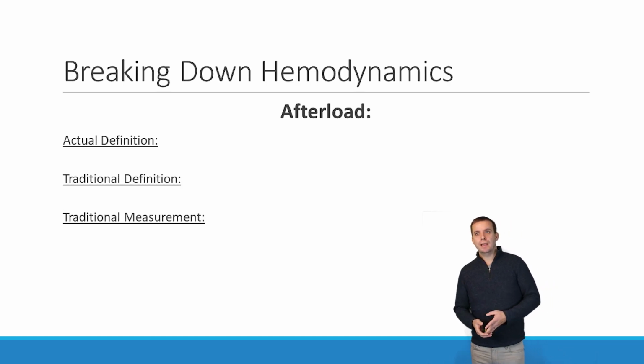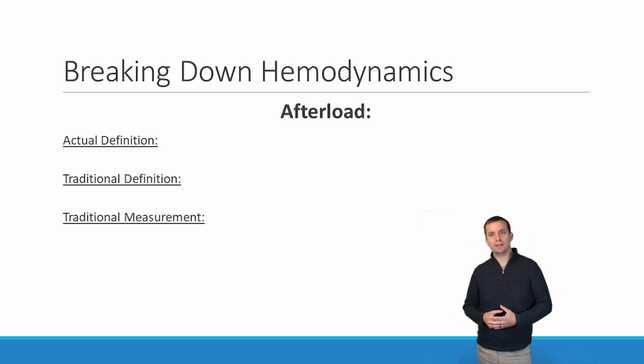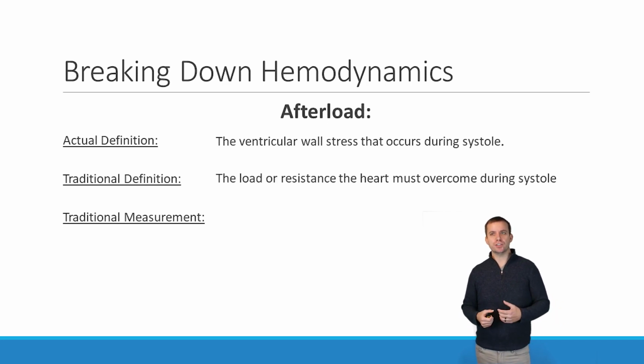Afterload, I think, can be difficult for some people because it's very different than what you think about. The actual definition and the traditional definition are very different. The actual definition is the ventricular wall stress that occurs during systole, whereas the traditional definition is the load or the resistance the heart must overcome during systole.